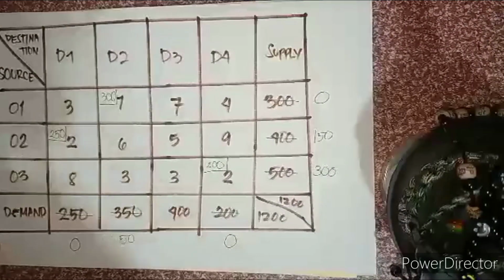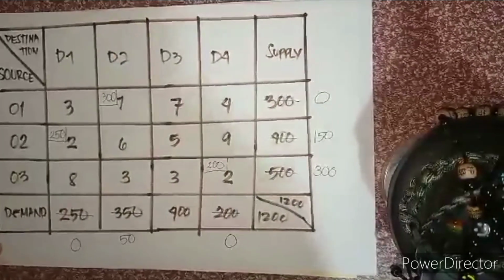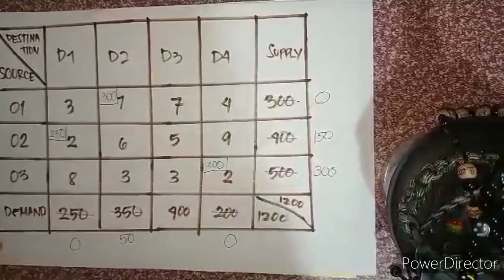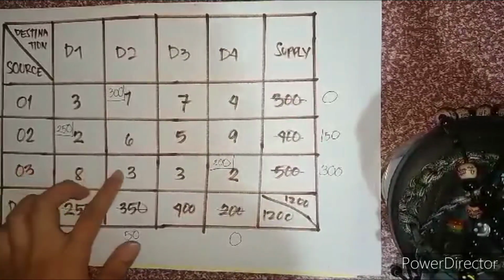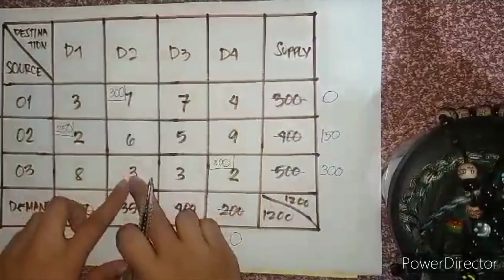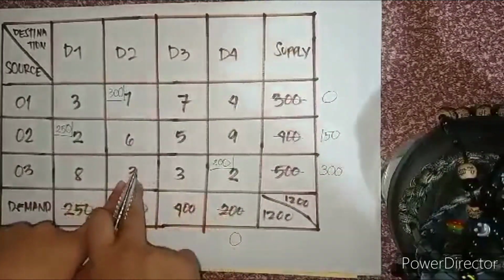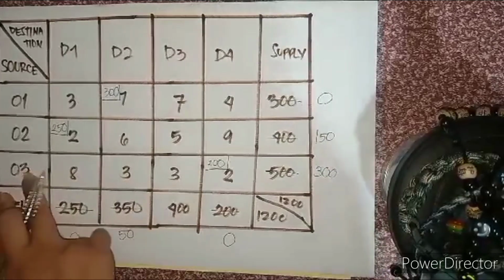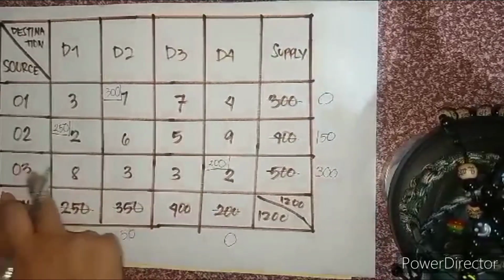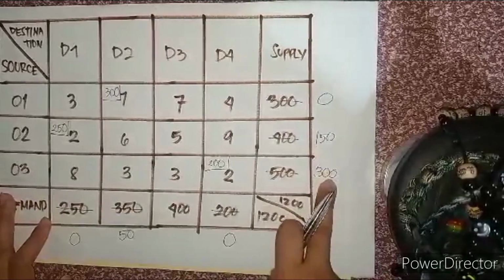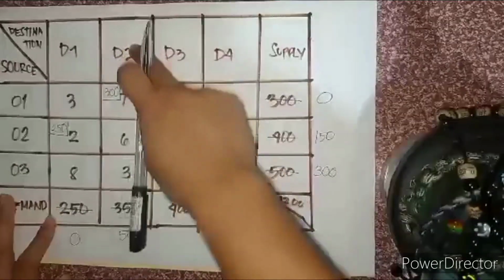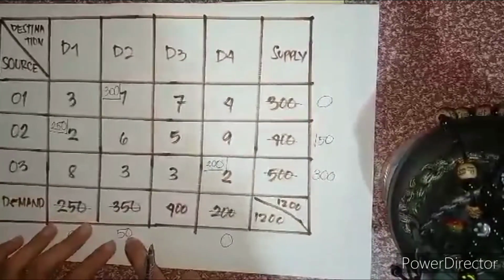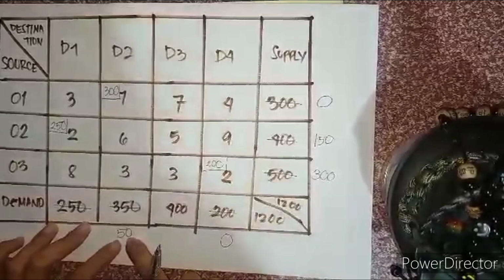So there are two cells among the unallocated cells that have the least cost. Let's say 03 and column D2, which has the cost of 3. In row 03, we have the supply of 300, and in column D2, we have the demand of 50.